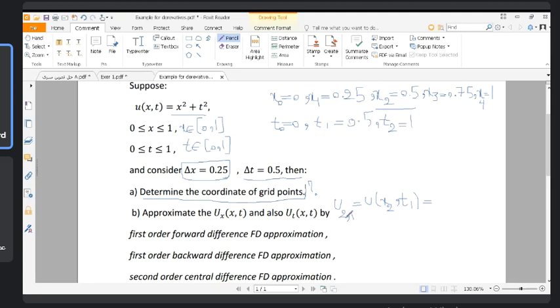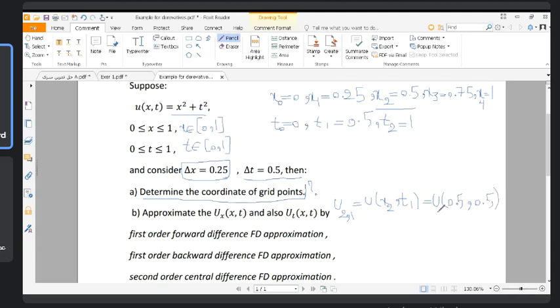Okay, u21 equal u of x2 and t1, equal to x2 equal to 0.5 and t1 is 0.5.